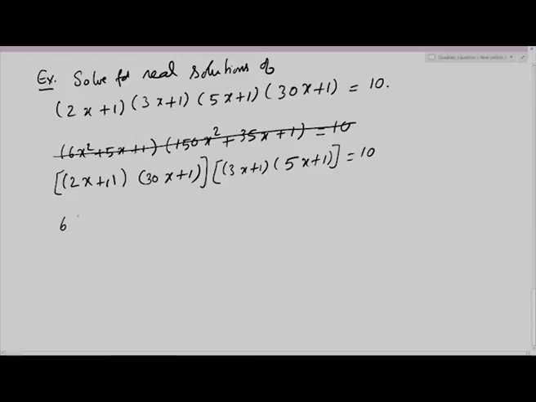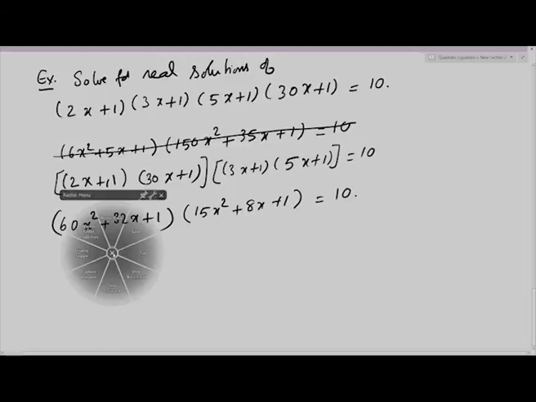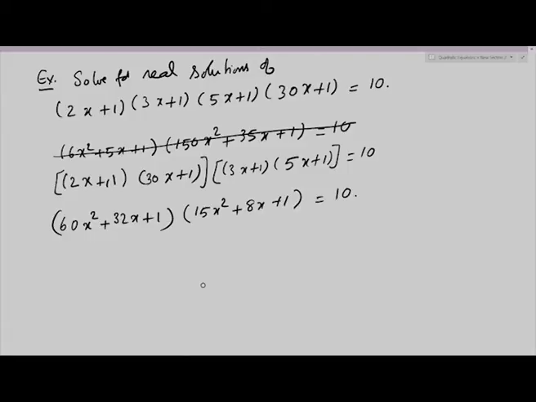This turns out to be 60x square plus 32x plus 1, a nice quadratic expression, and similarly the other quadratic expression will be 15x square plus 8x plus 1 equal to 10. Now, you can see the connection between the first quadratic expression and the second. If I multiply this by 4, then it becomes 60x square and 32x. So that is giving me an idea.